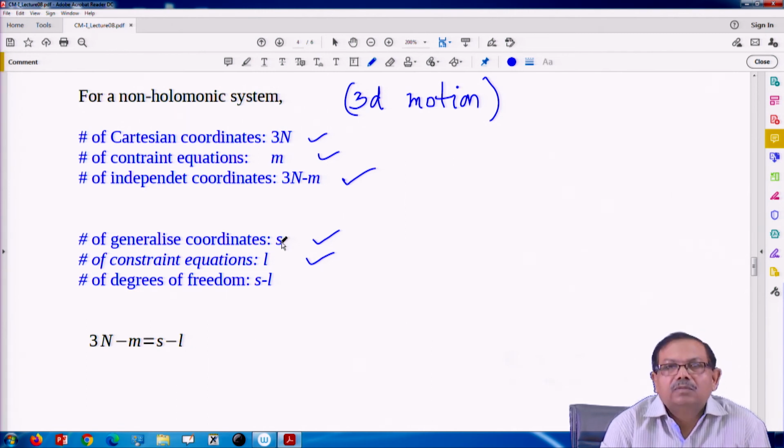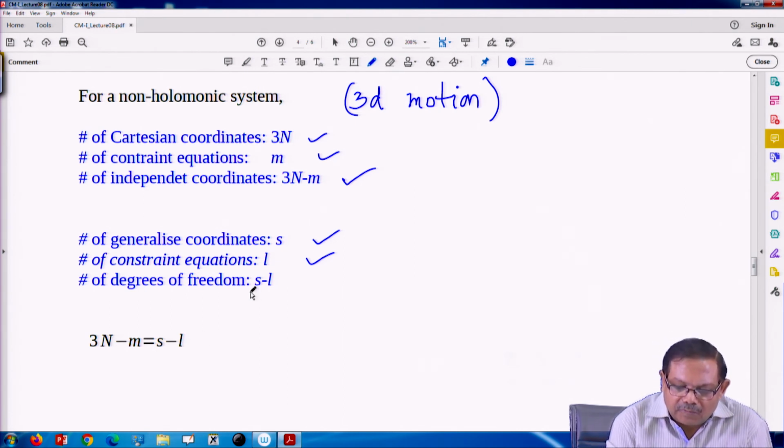So, although degrees of freedom is less than the number of generalized coordinates, I cannot make the number of degrees of freedom equal to the generalized coordinates, because it is a case of non-holonomic constraint.